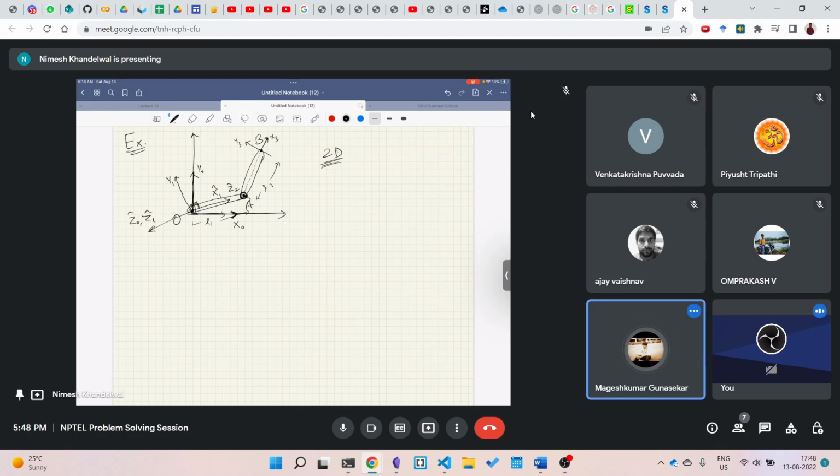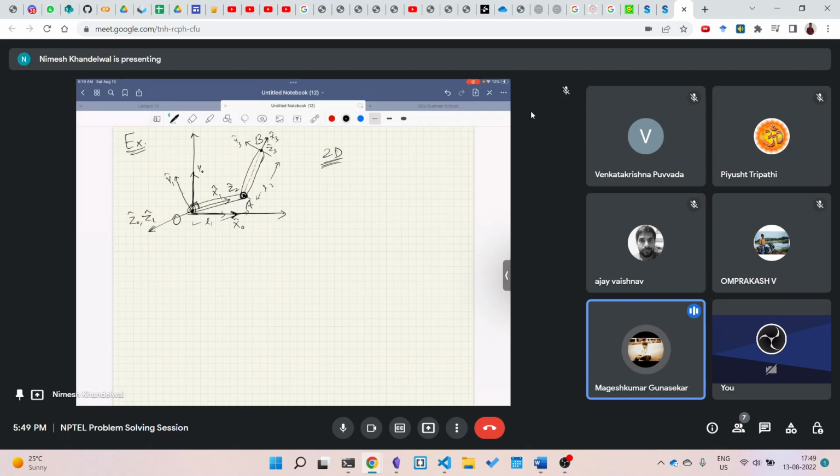The x-axis of frame 2. We have the X3 and Z3 directions. So x2 will be along the common perpendicular of z2 and z3.